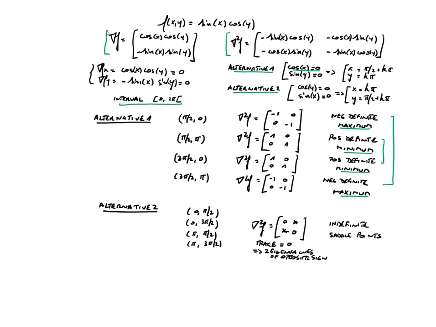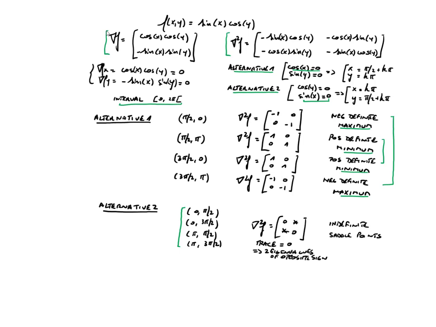We can now consider the second alternative, and in this alternative, because we make the sine of x 0, we have that the diagonal terms are 0, as you can see.